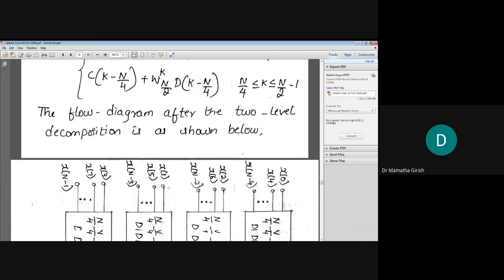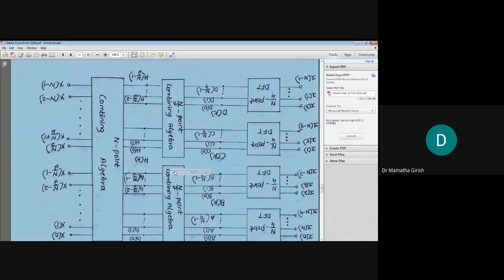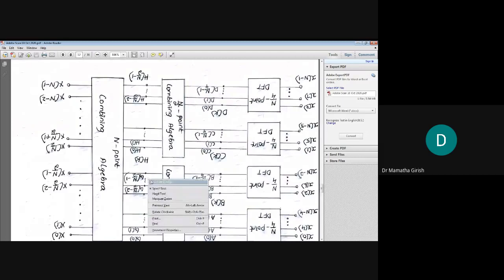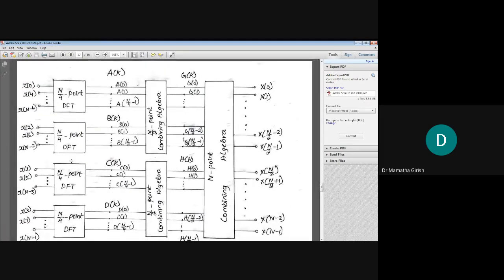Now, after the second stage of decomposition, this is how the flow diagram looks like. Let me just rotate it. Now see, very simple. What is the first stage?